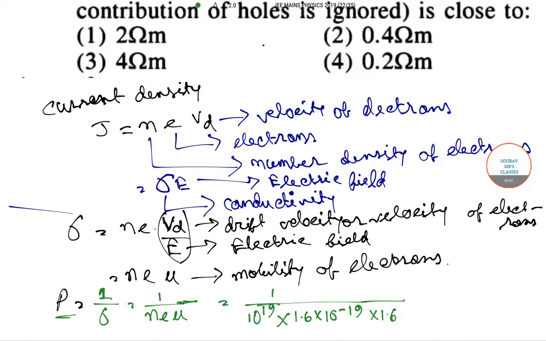So the resistivity rho, if we calculate, is 0.4 ohm meter. This is the correct option for the resistivity, 0.4 ohm meter.